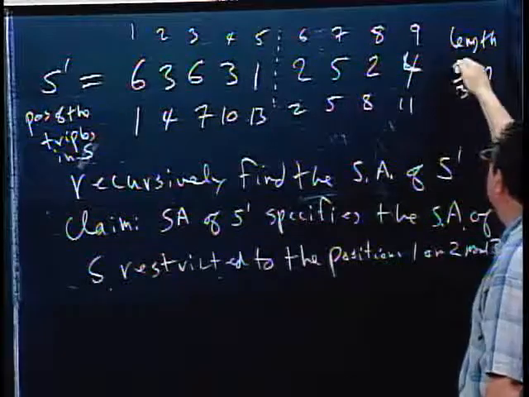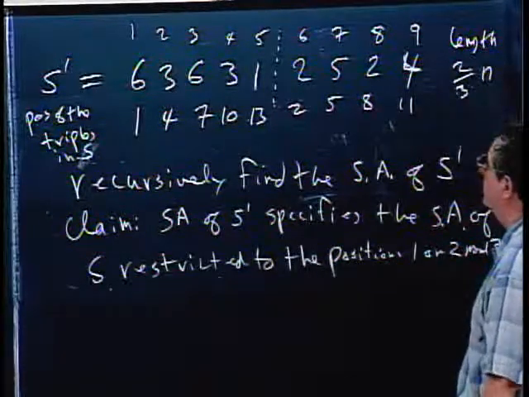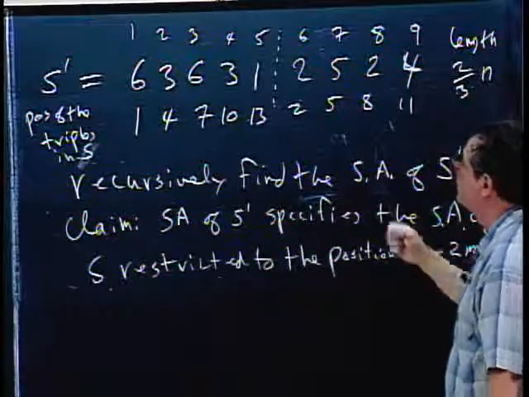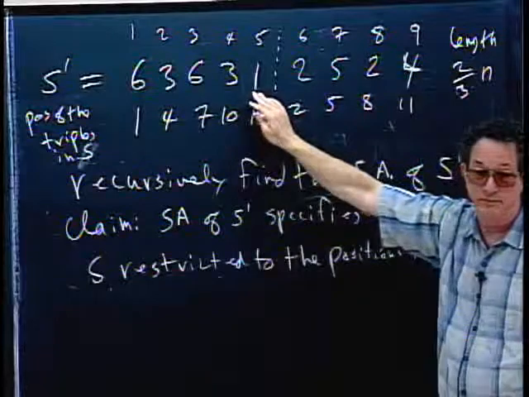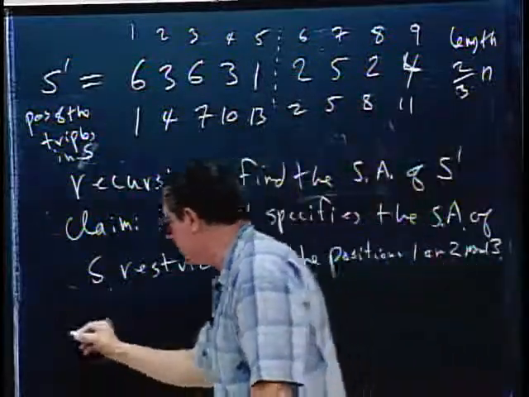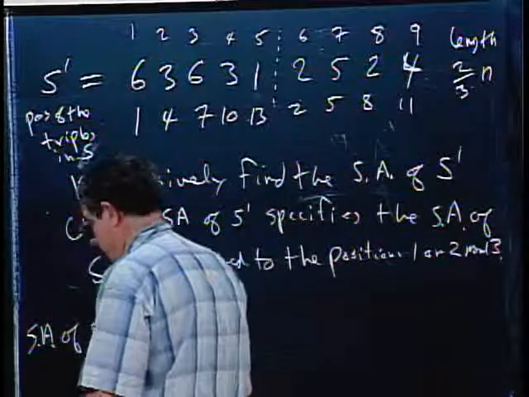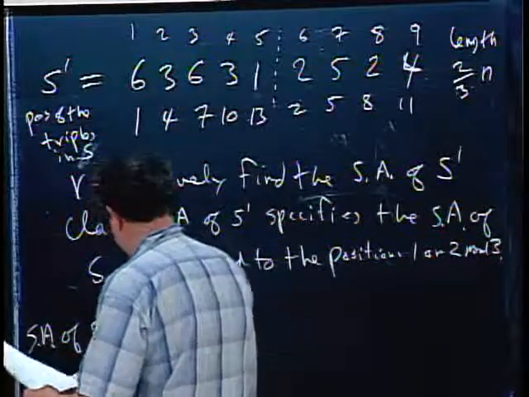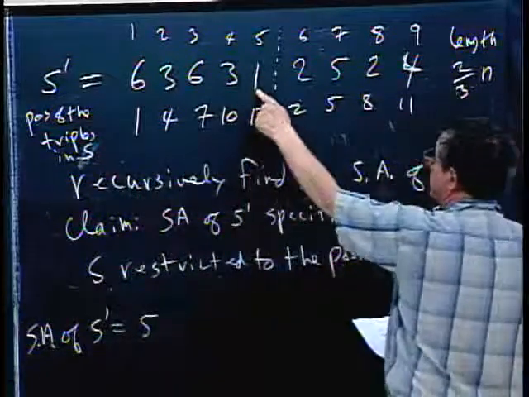Well, I could put a dollar sign there if I wanted to, and then that would be the lexicographically smallest. But just looking at the real characters, it starts at position 5 of S prime. So the suffix array of S prime is equal to 5 to begin with.